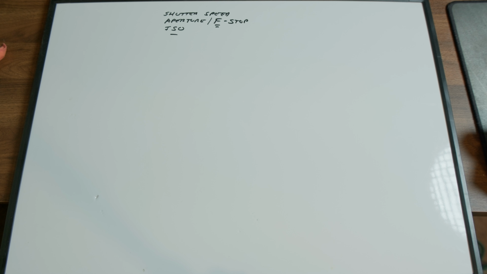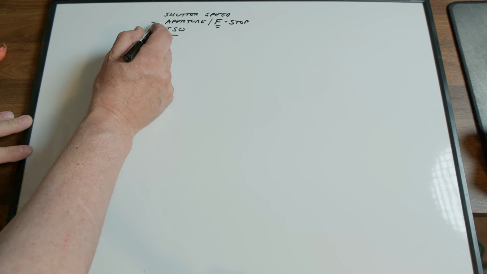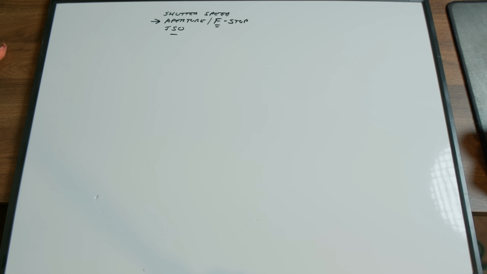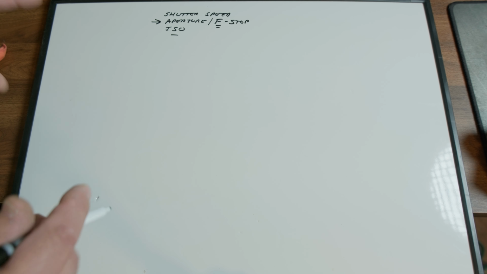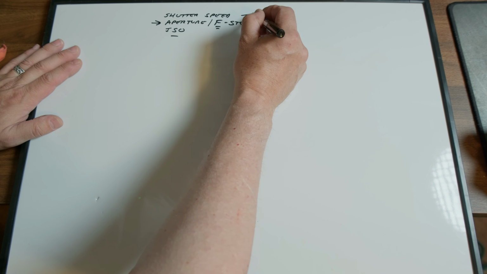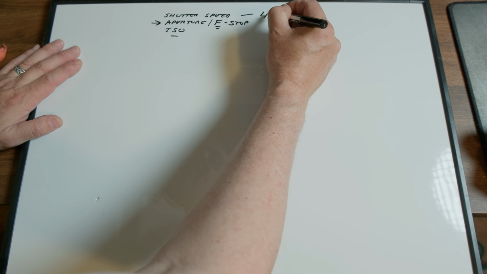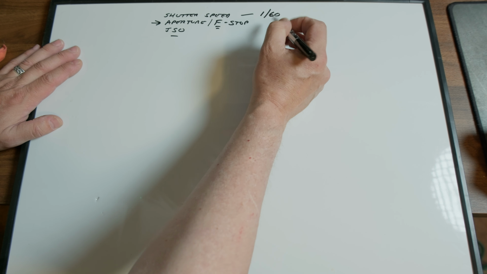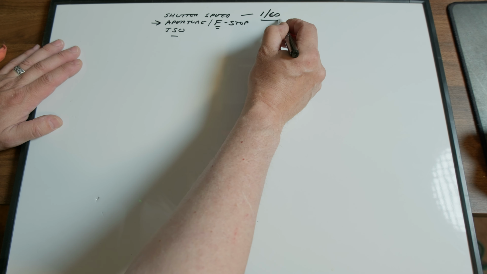For this discussion, the most important thing and where we're going to start is with aperture. In order to understand how the aperture works, we're going to make the shutter speed and the ISO a fixed value, just for the sake of this discussion. Let's say our flash sync speed in our camera, and we'll talk about that later, is 1/60th of a second.